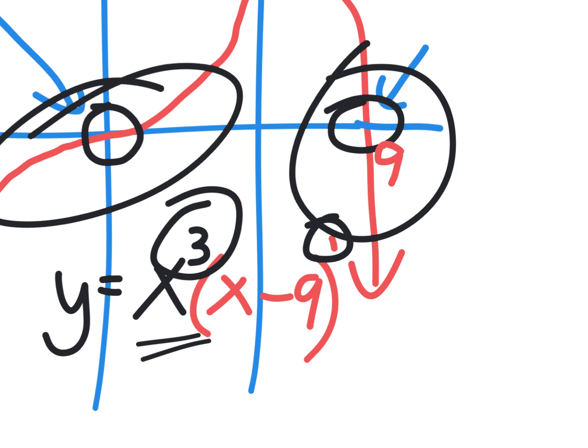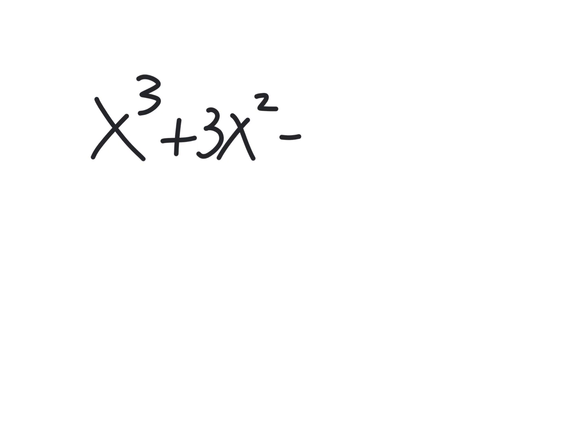So without further ado, I'd like to give you one. x to the third plus 3x squared minus 9x minus 27.